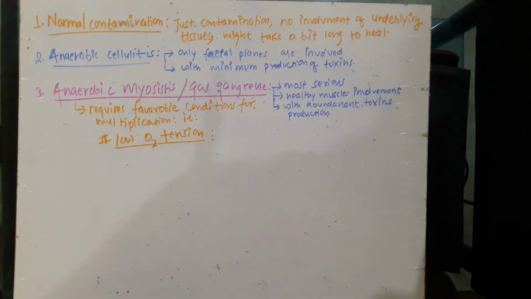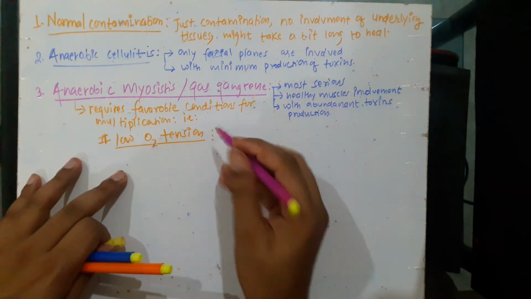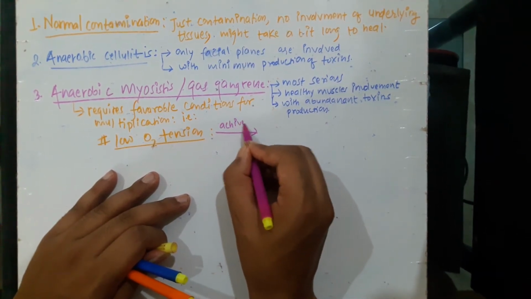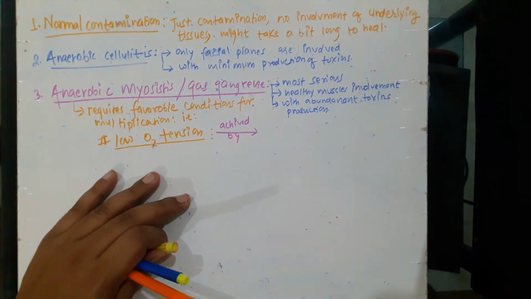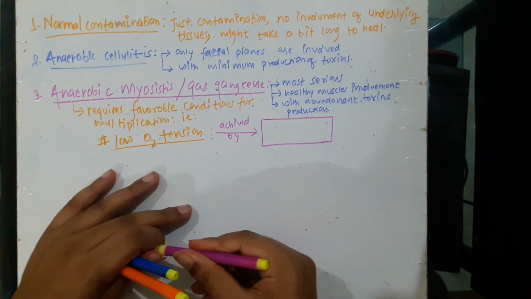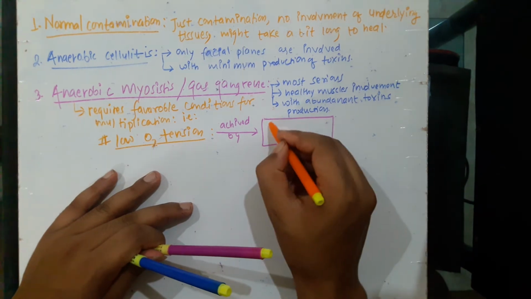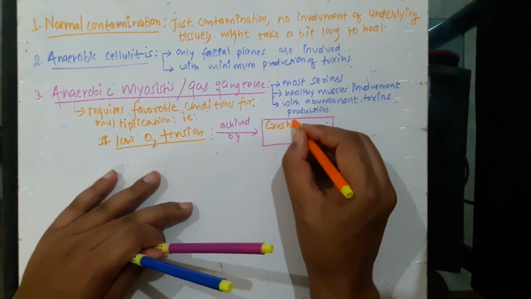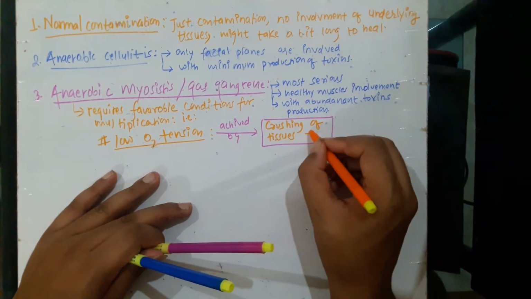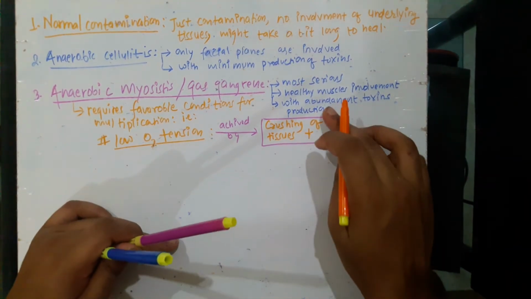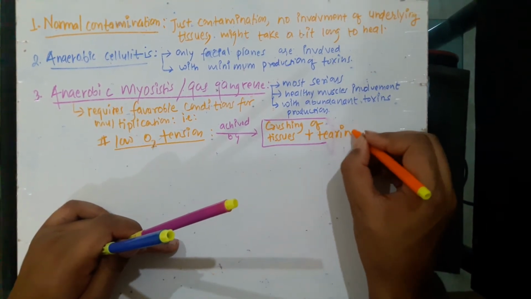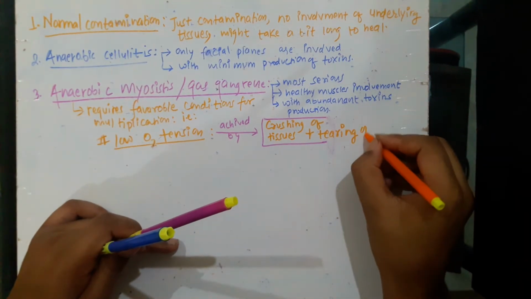So we told that low oxygen tension is mainly achieved by crushing of tissues plus tearing of arteries.